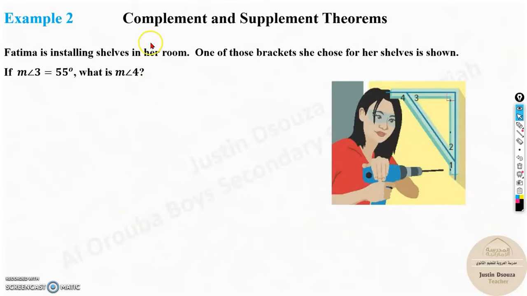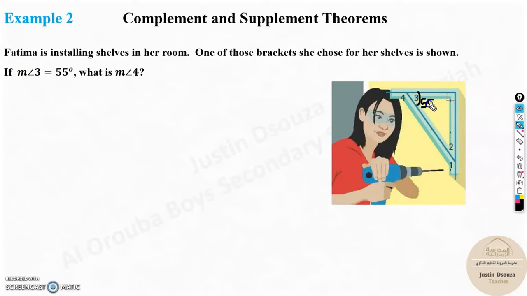We will solve more problems on the complement and supplement theorem. Here we have a problem where Fatima is installing shelves in a room. One of the brackets she chose for her shelves is shown. You can see the angles are given. The measure of angle 3 over here is 55.